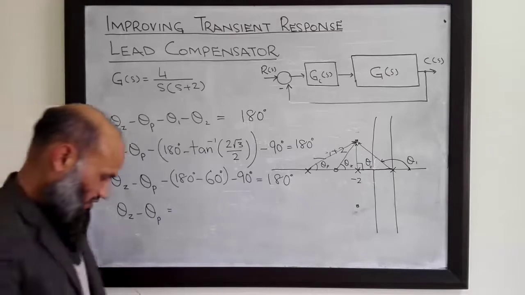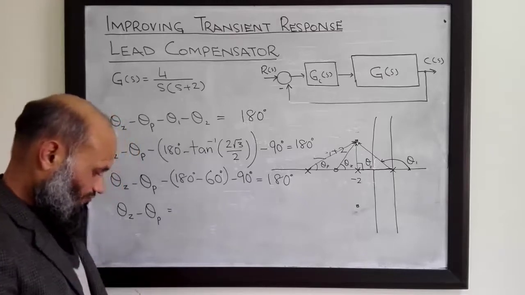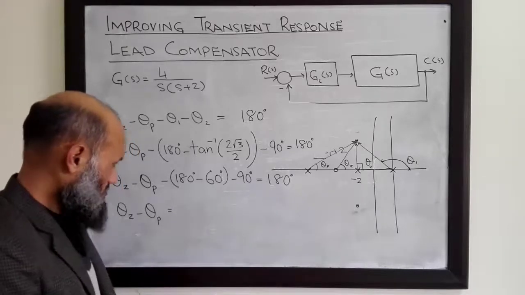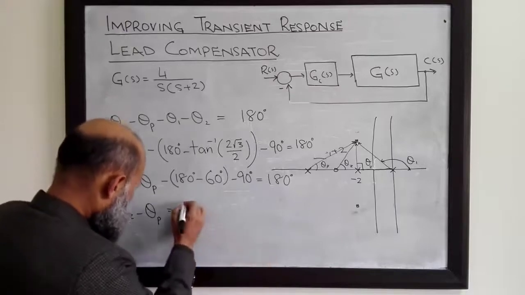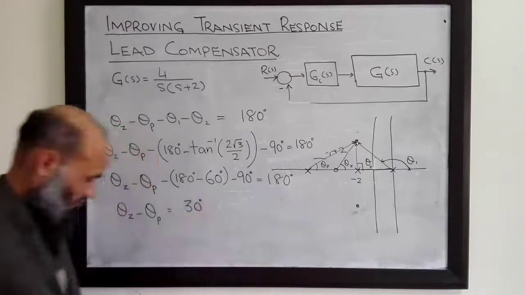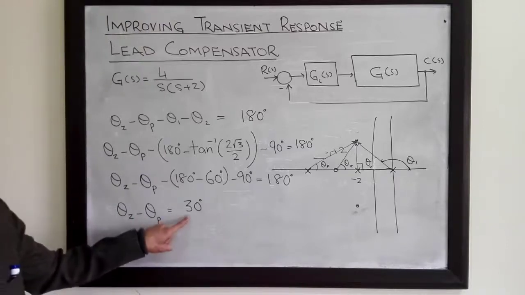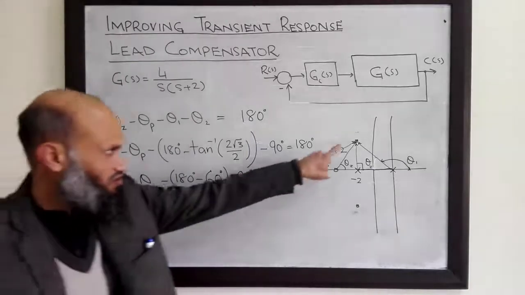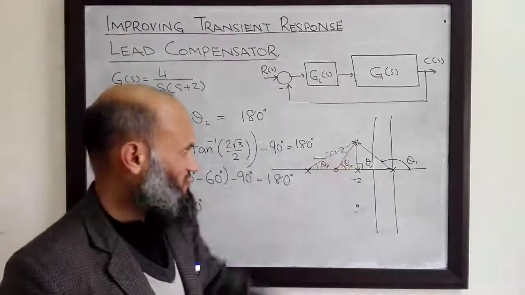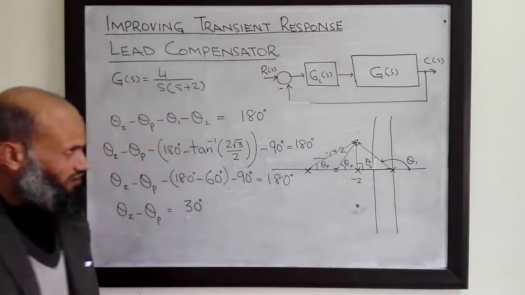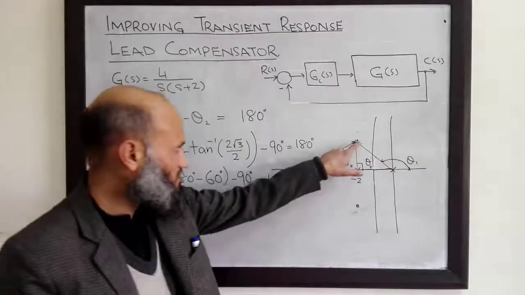So this angle comes out to be equal to 30 degrees. So the compensator has to contribute an angle of 30 degrees such that the angle condition is satisfied for this point and the root locus passes through this point.